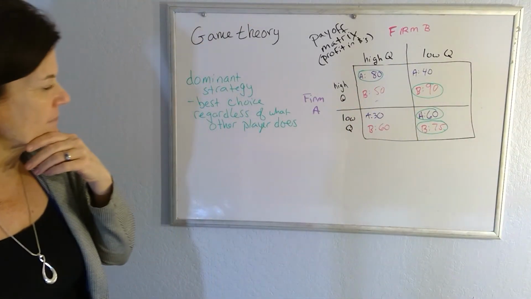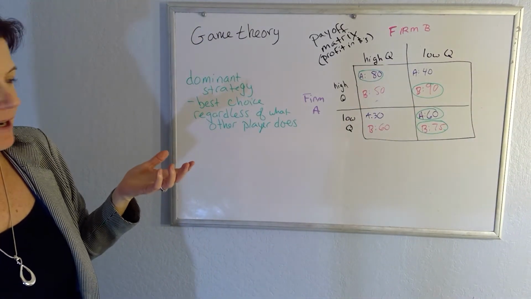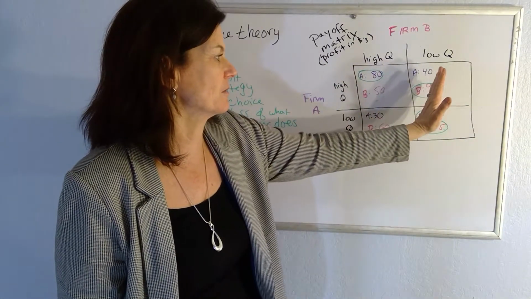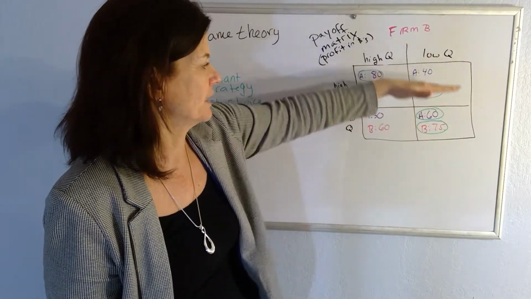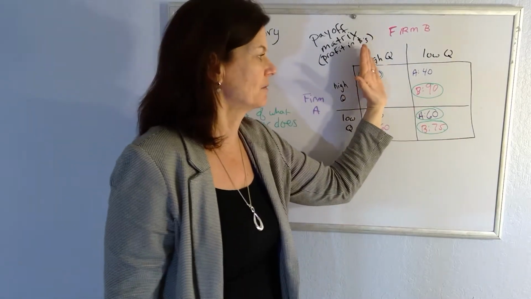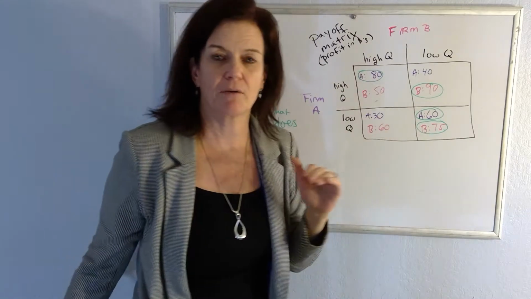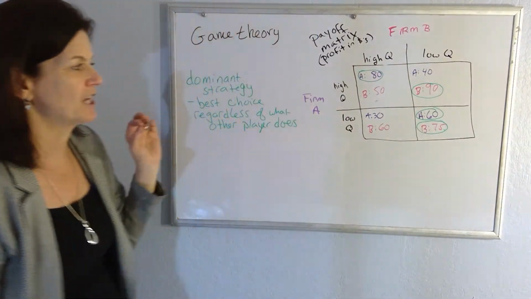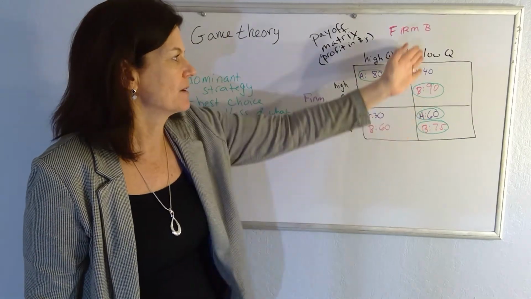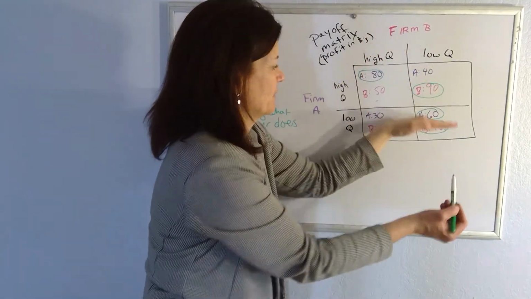If A knows B's payoffs, A thinks: if B's best choice is always to go low, and I know B's going to go low, then I want to go low. A doesn't have a dominant strategy, but if B's going low, A wants to go low.